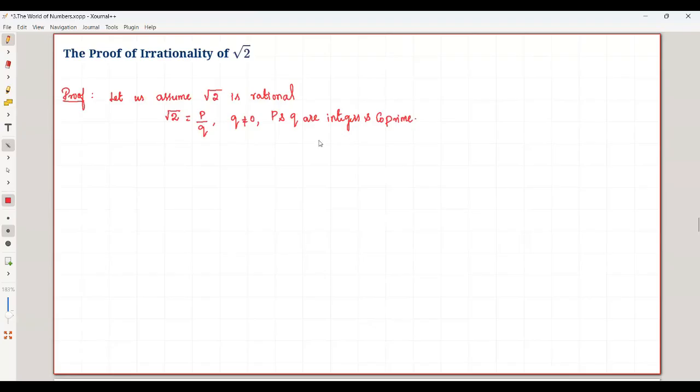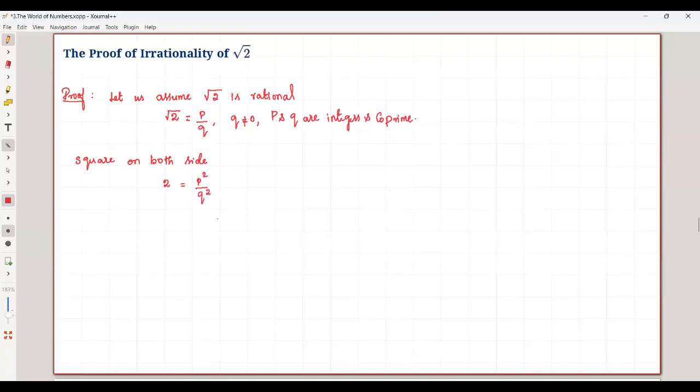Now the next step: I am going to square on both sides. If I square root 2, I will be getting only 2. So 2 is equal to P square by Q square. These are the steps you have to understand.